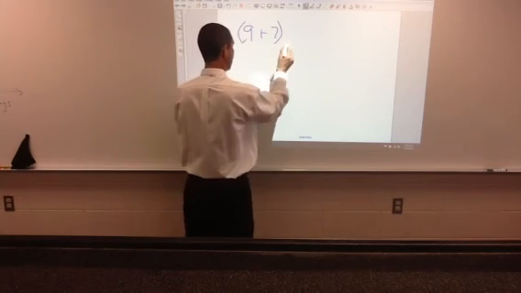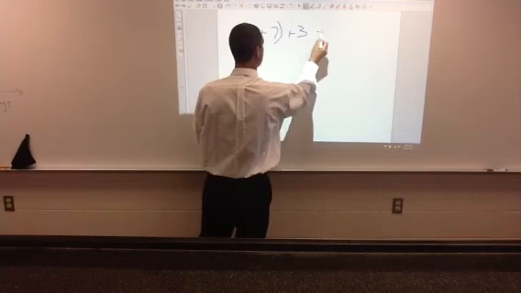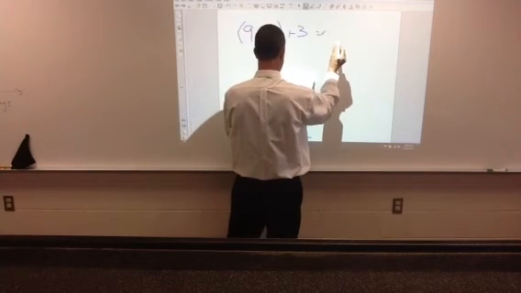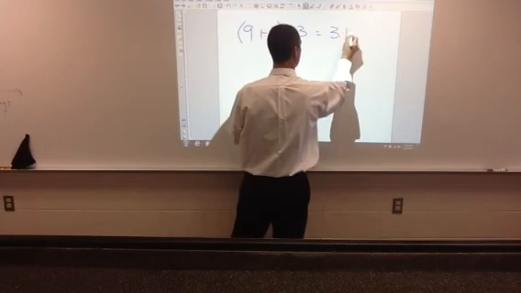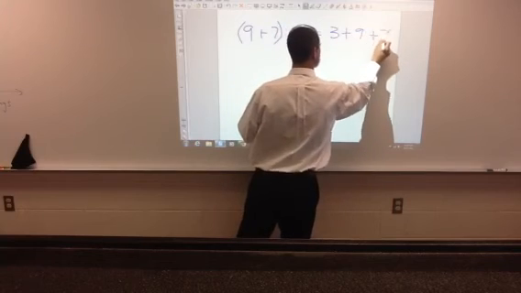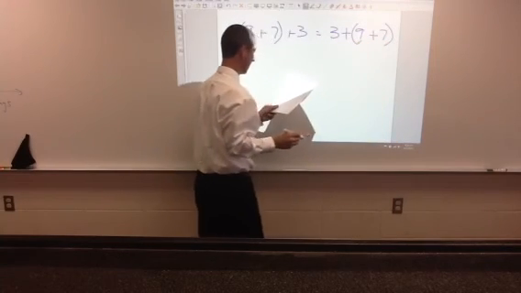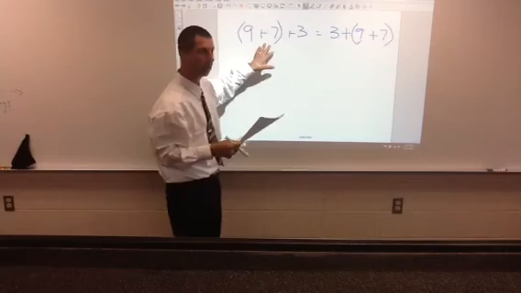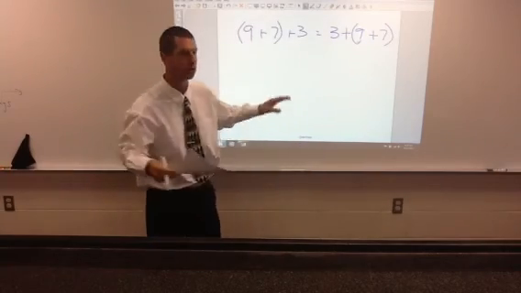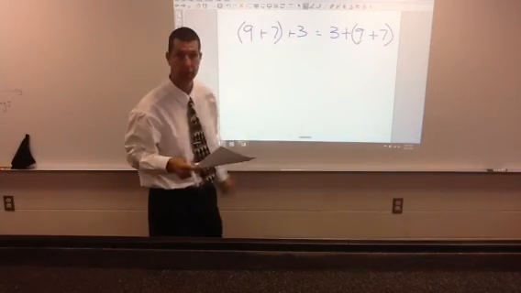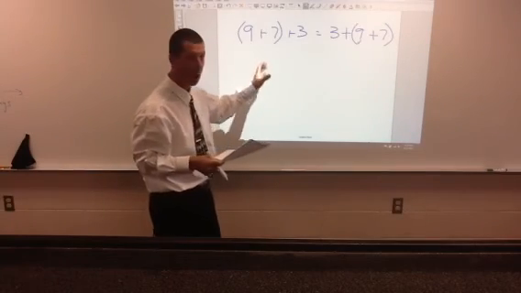It's 9 plus 7 plus 3 equals 3 plus 9 plus 7. Now, students see the grouping symbols, and automatically they think associative property of addition because it's an addition problem. Wrong.